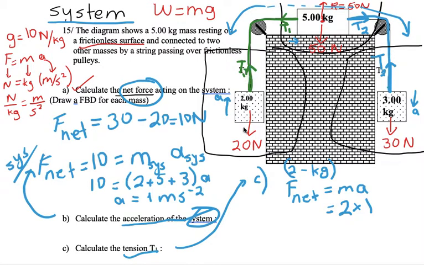So T1 must be bigger than 20. So I'm going to write F net as the winner minus the loser. And there's my equation. So then I solve: T1 equals 2 plus 20, which is 22 newtons. That's my T1.